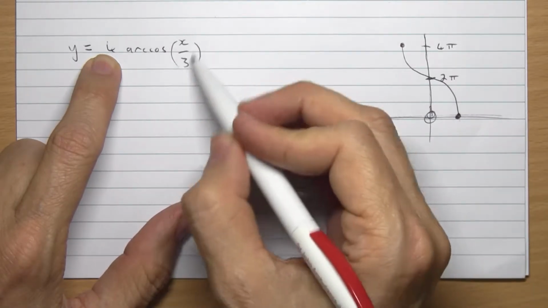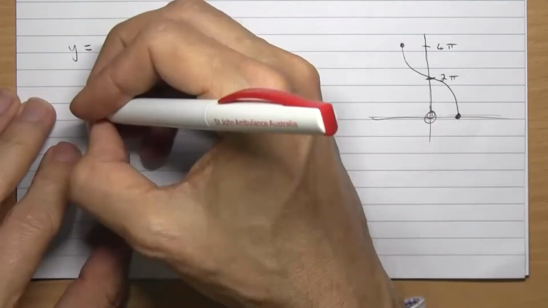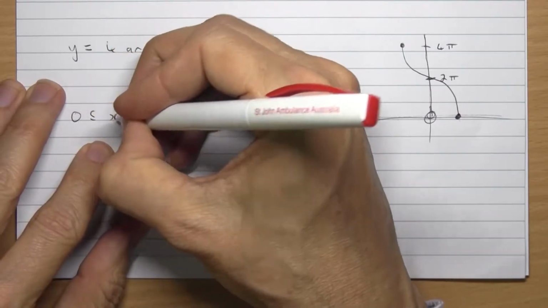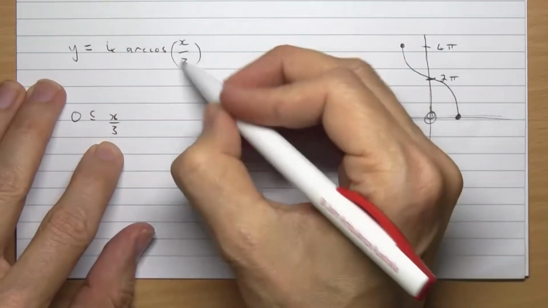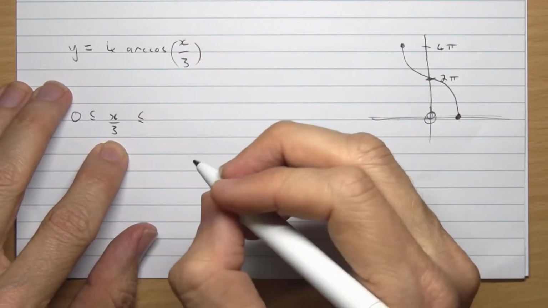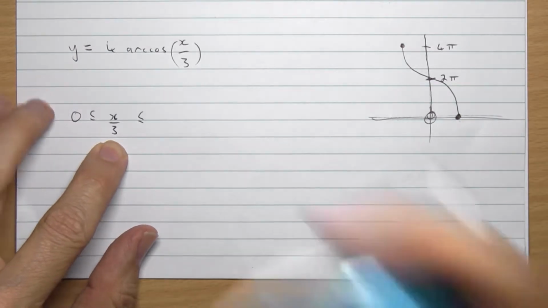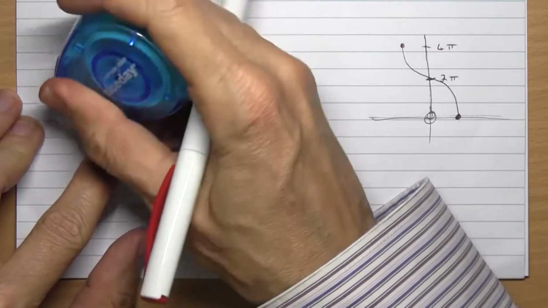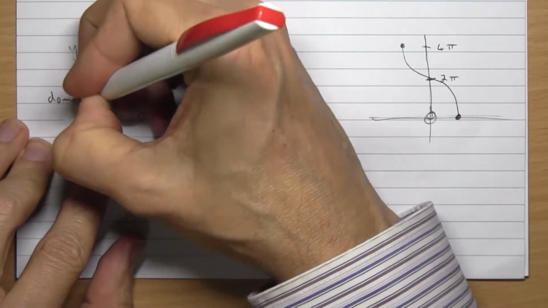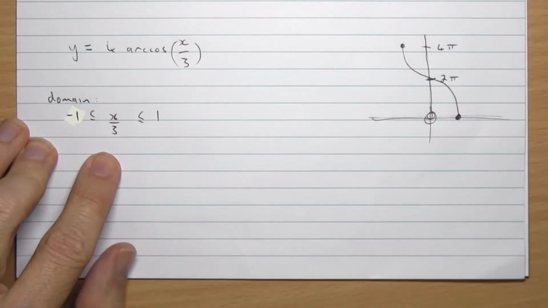But I've got x on 3. It may help if I actually write it out for you. The domain of my arc cos is normally -1 up to 1.